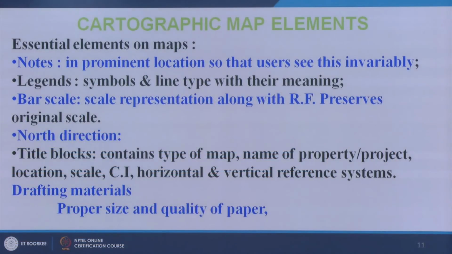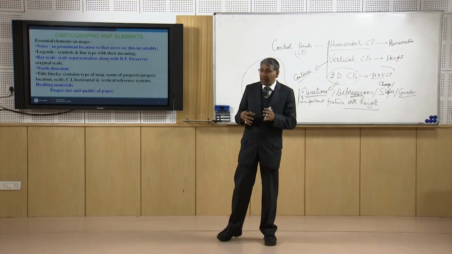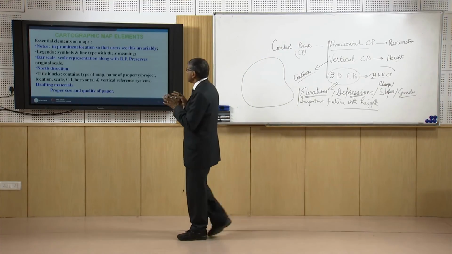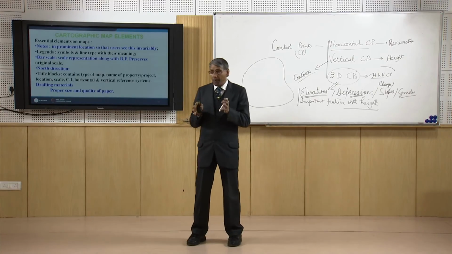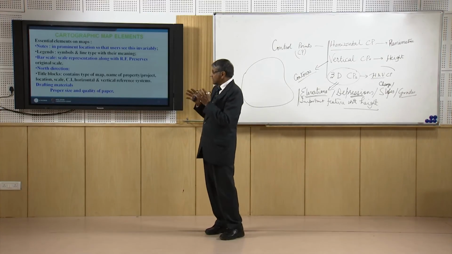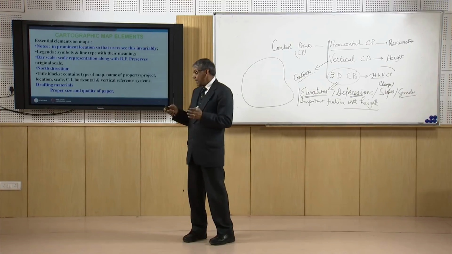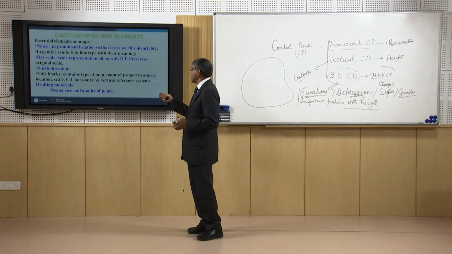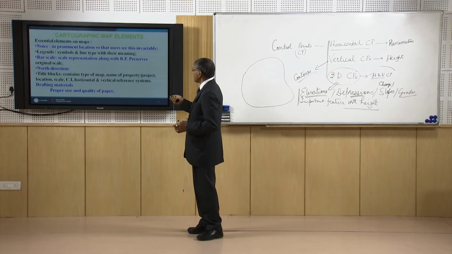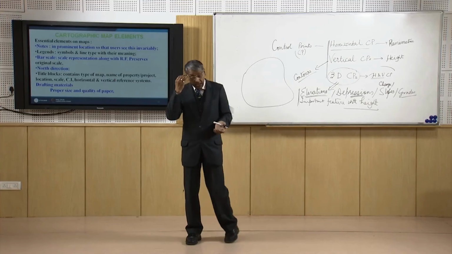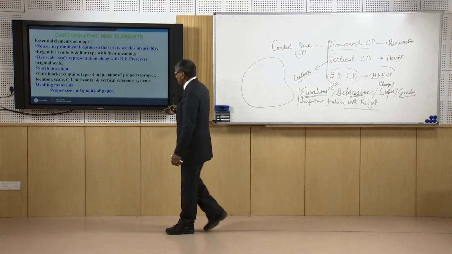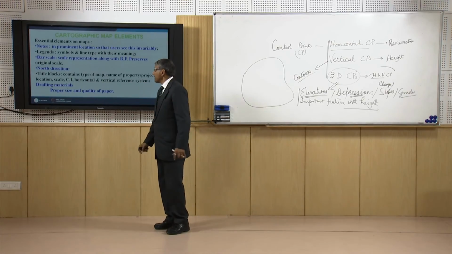At the end of the preparation of the map, we may need to provide some important note to the user of the map, and that is generally made near a prominent location, like the legend box. Legend box is one of the prominent places where we can place the note.